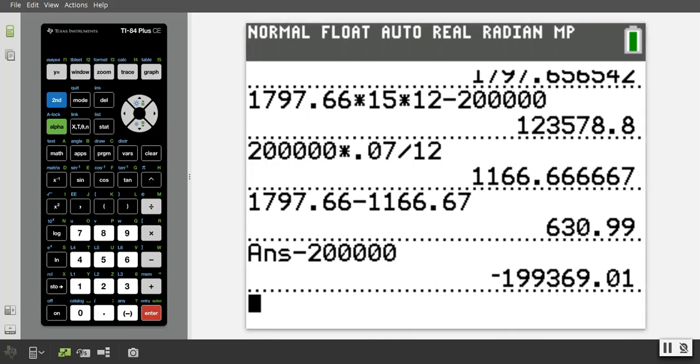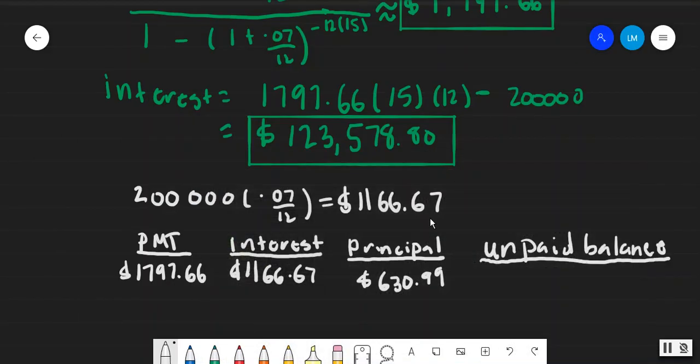It didn't really get reduced by much, but that's better than nothing. So we have 199,369.01. Now, basically, this has to do with the first payment.